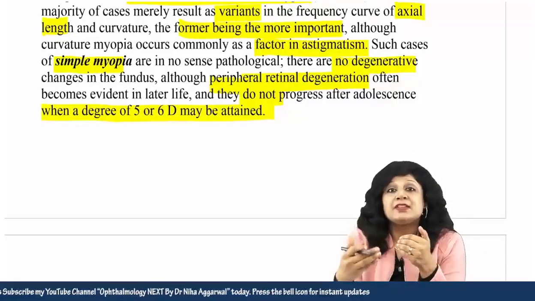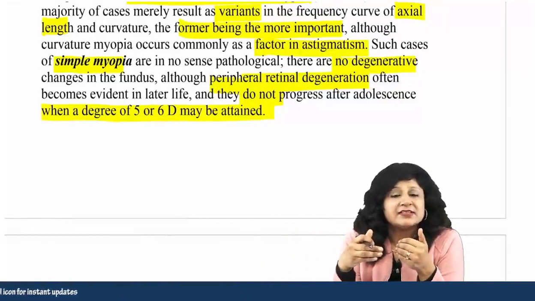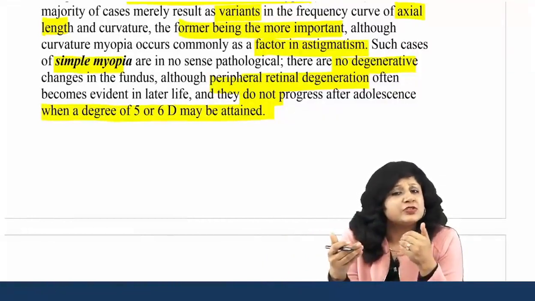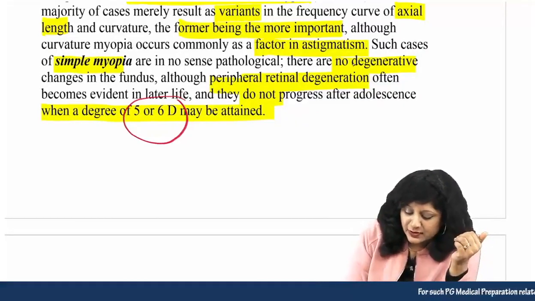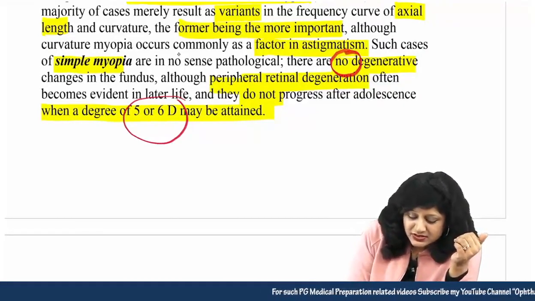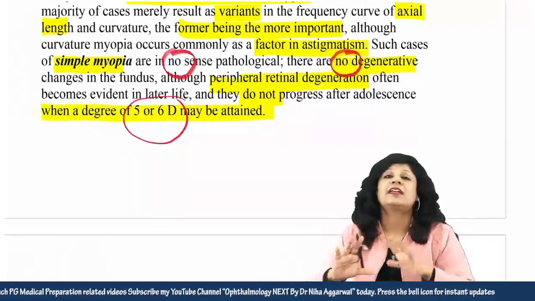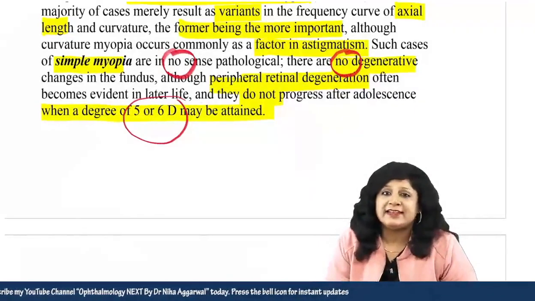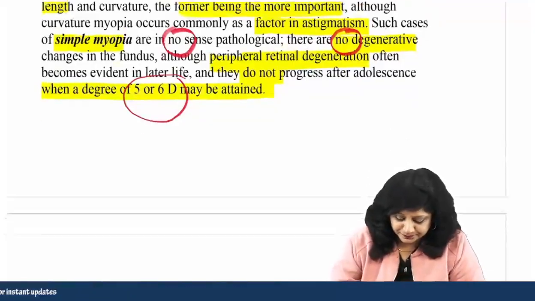There is a limit to the biological variations. Though biological variations are taking place, usually it does not progress beyond 5 to 6 diopters. We are not having any degenerative changes. It is not pathological, and sometime in life it becomes stationary, usually not beyond 5 to 6 diopters of myopia.